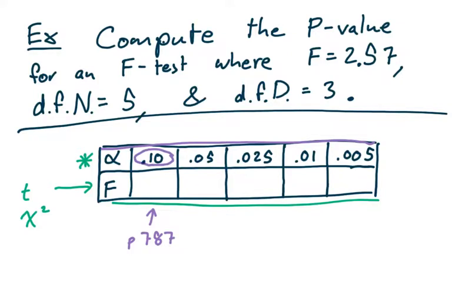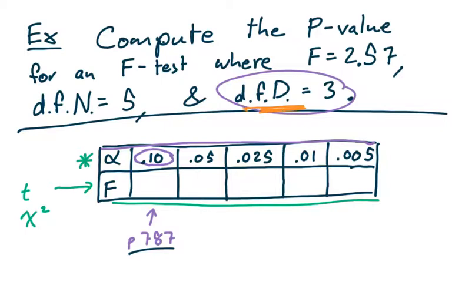And on each of these pages that we are going to be referencing, we're going to be looking in row 3 and column 5. So remember, we have 3 degrees of freedom for the denominator, and in that first column, we'll go down to the third row, corresponding to the 3 for degrees of freedom for the denominator.